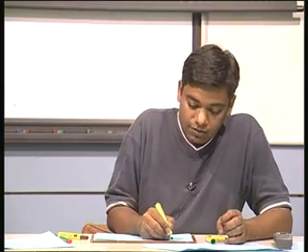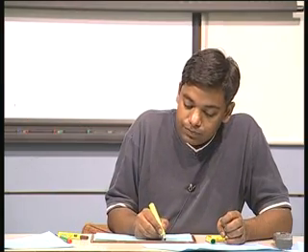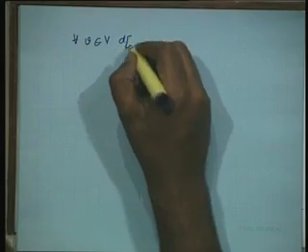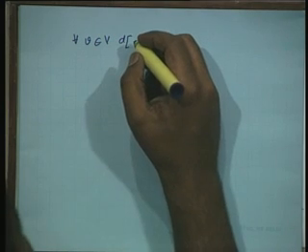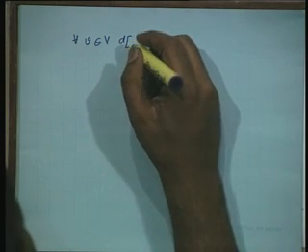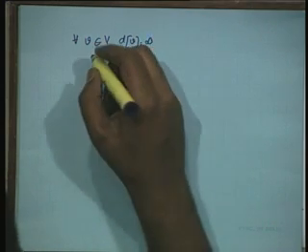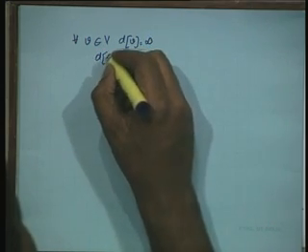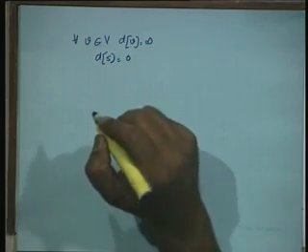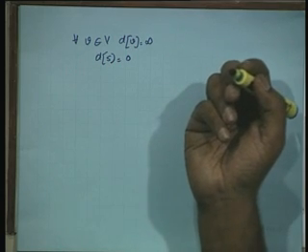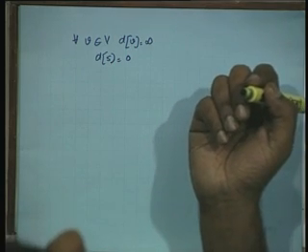Since initially I have no clue what those things are, I give every vertex a distance label of d of v equals infinite, and d of s is 0.